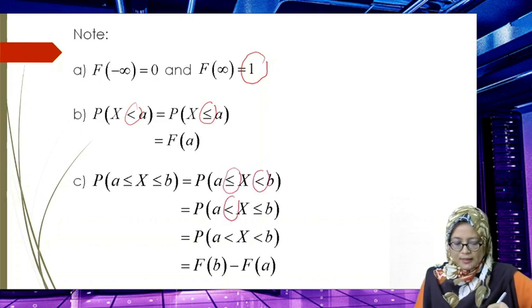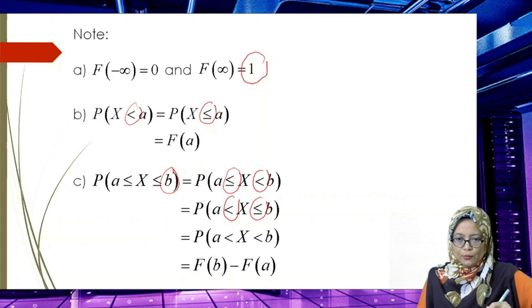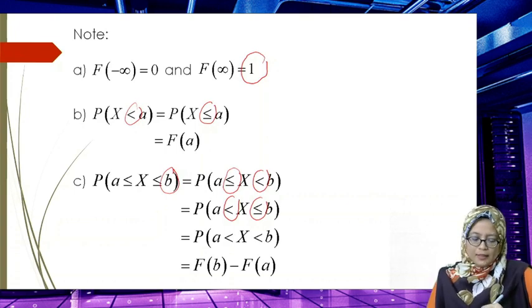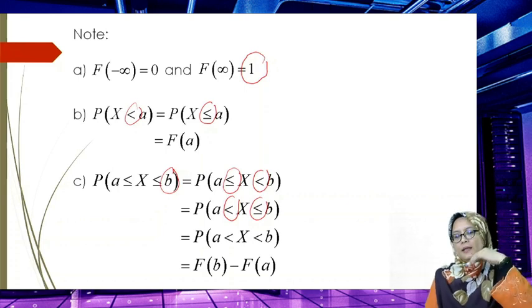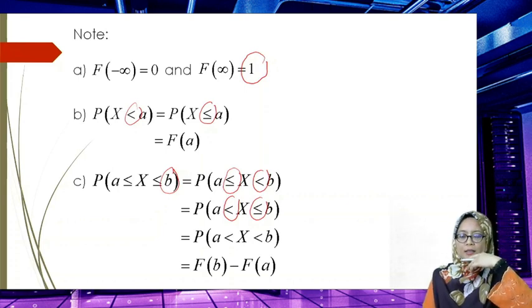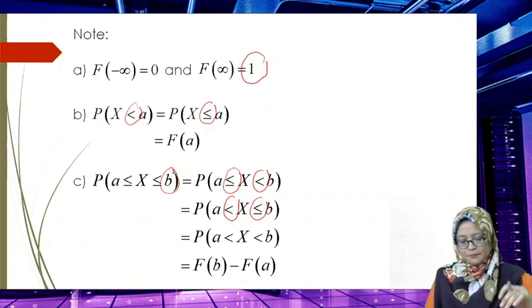As long as dia adalah less than, maksudnya awak boleh ambil nilai yang hujung ni, nilai B dia tolak nilai A dia. Maksudnya kumulatif daripada value B tolak dengan kumulatif yang nilai A dia. So dia tak ada formula yang kita tengok untuk discrete hari tu. So kita ambil je nilai yang hujung tolak nilai yang depan dia.